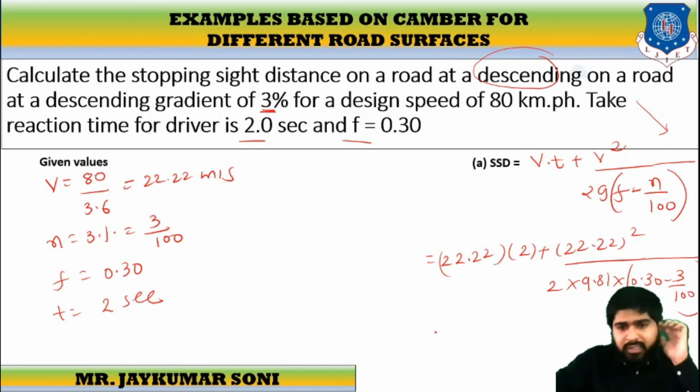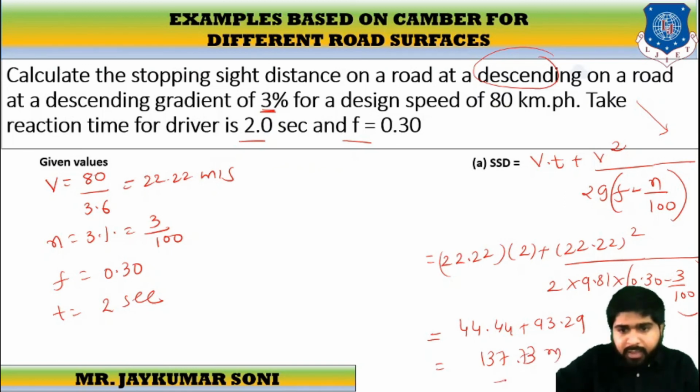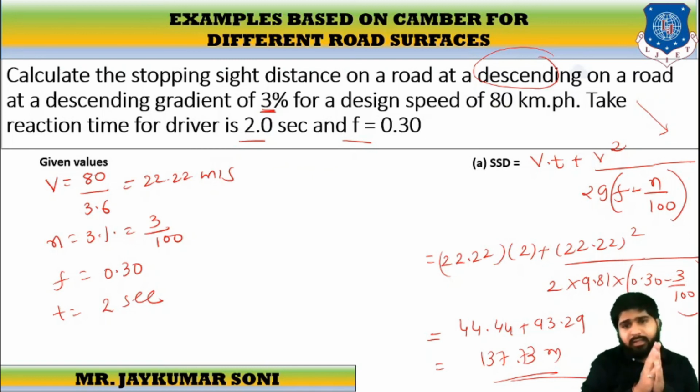And if we calculate this value, the answer will be 44.44 plus 93.29, and the summation of both these values will be 137.73 meters. So this is how we can calculate the value of SSD for gradient, descending and ascending.